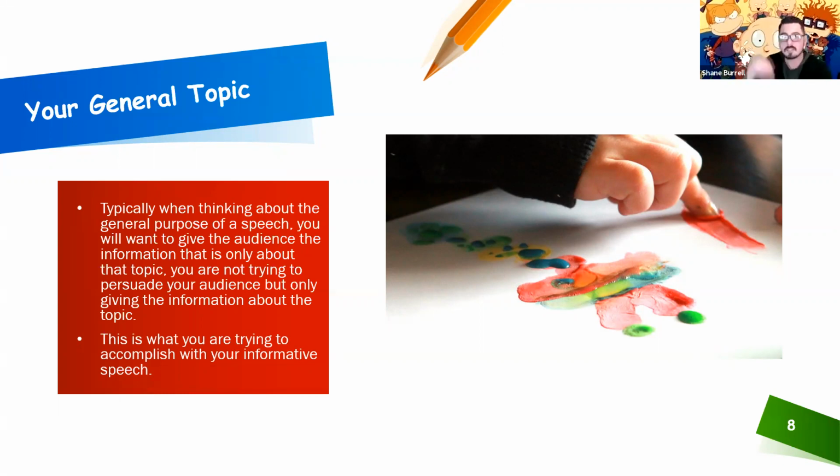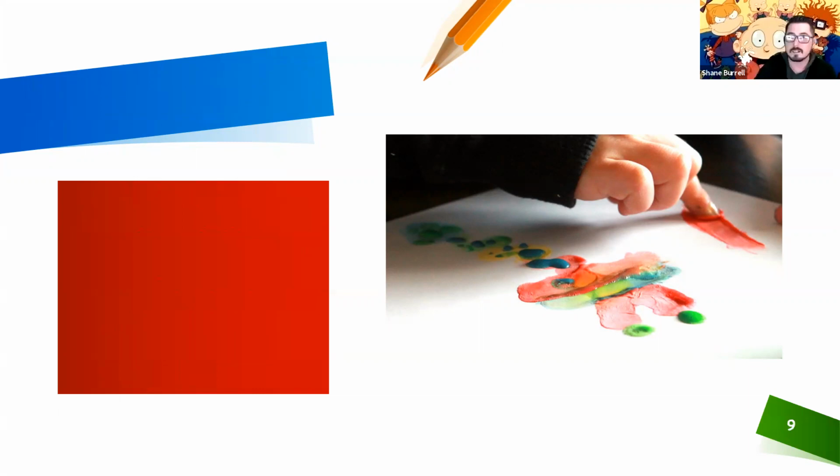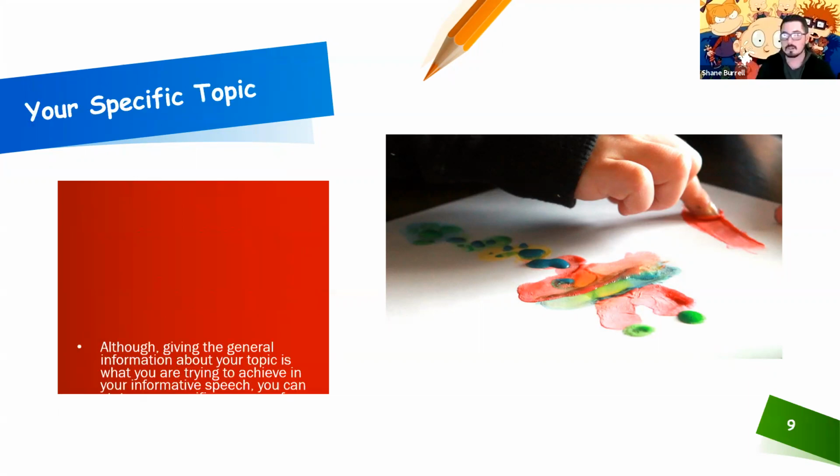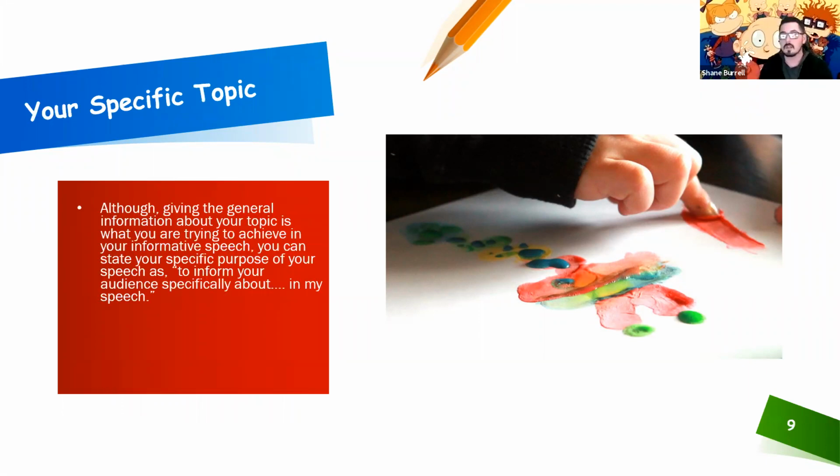And that is going to be your specific topic. Although the general information of your topic is something you want to achieve with your informative speech, you want to just generally tell us what's going on. The specific purpose of your speech goes along the lines of this example in your book. My name is Shane, and I am going to inform you specifically about space within my informative speech.